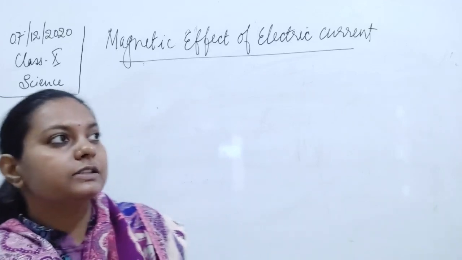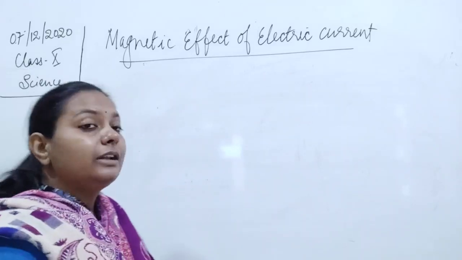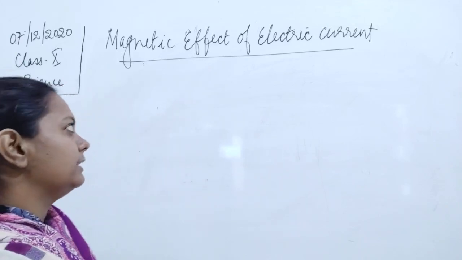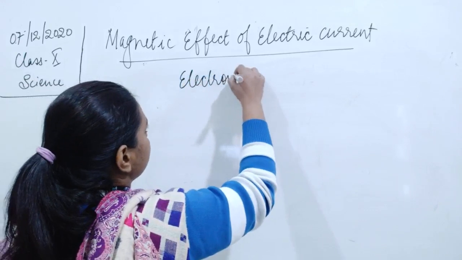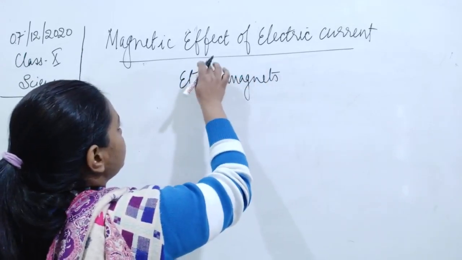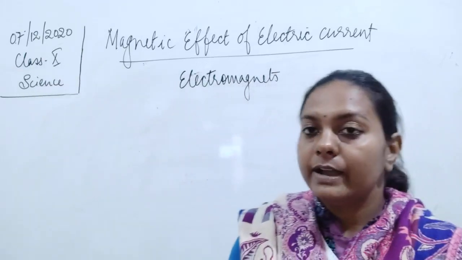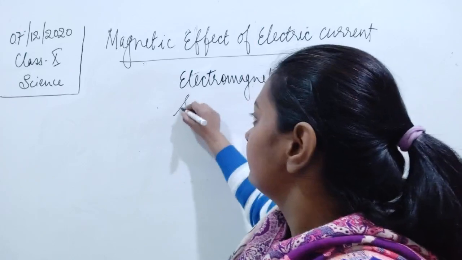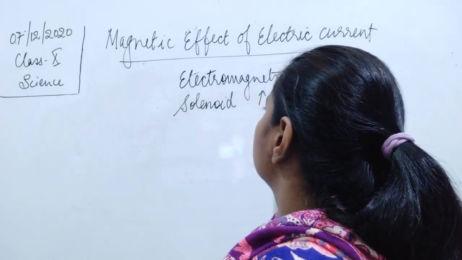In a solenoid, we can increase and decrease the length, and we can increase and decrease the strength of the solenoid. Thus we can increase and decrease the strength of electromagnets. Even the solenoid strength can be increased or decreased.